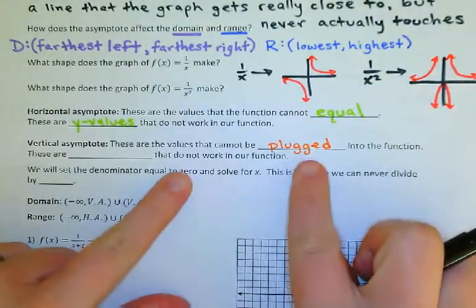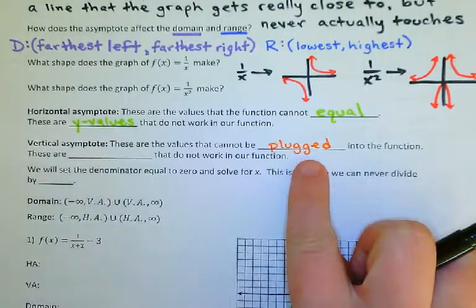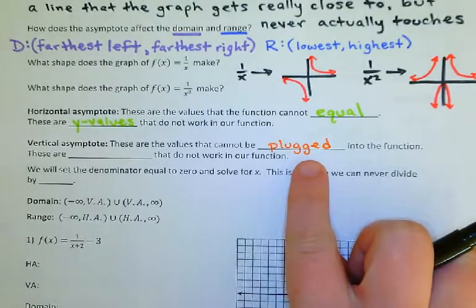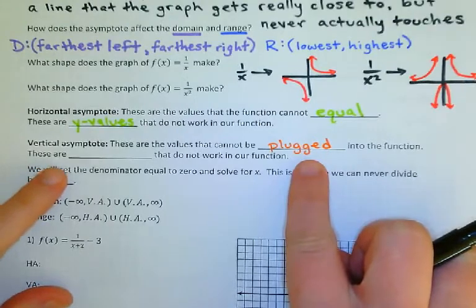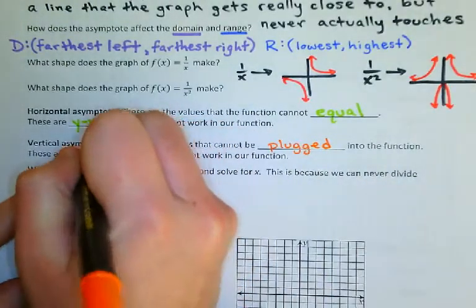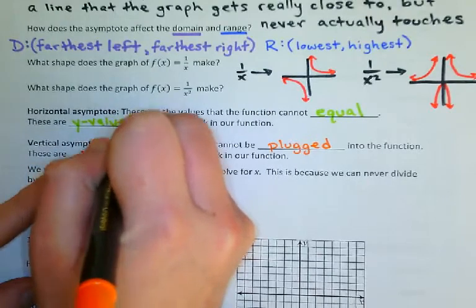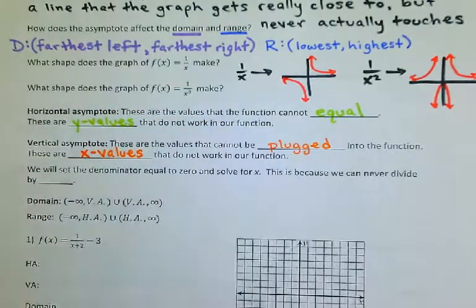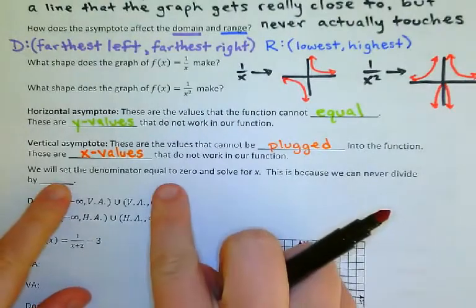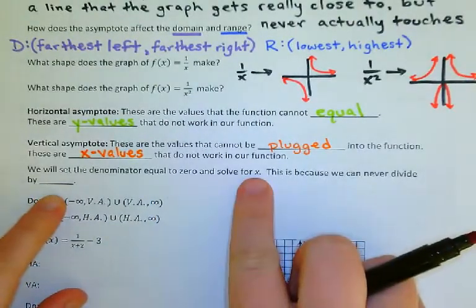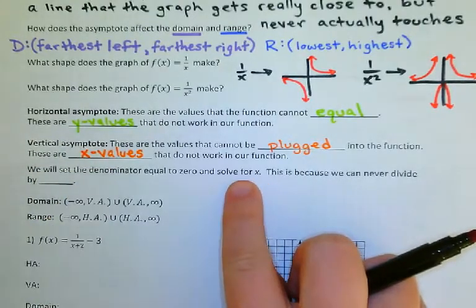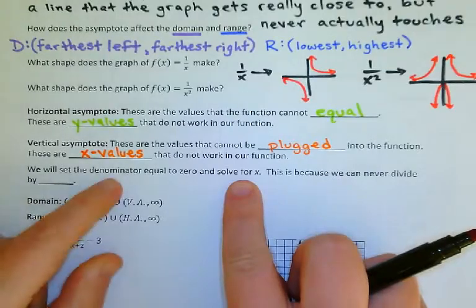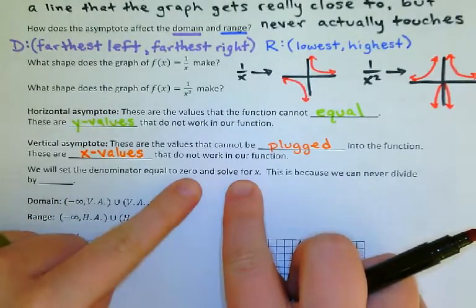Because if we plug them into the function, then we end up dividing by 0, which will give us an error on our calculator. These are the x values that do not work. We set the denominator equal to 0 and solve for x to find our vertical asymptotes. The reason we do that is because if we have a denominator equal to 0, we'd get an error.